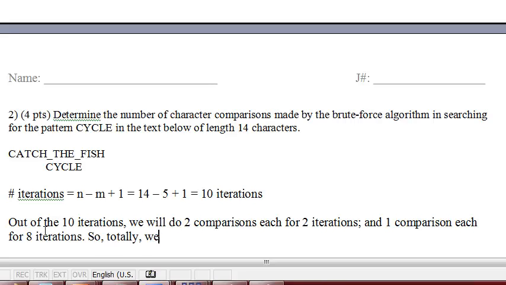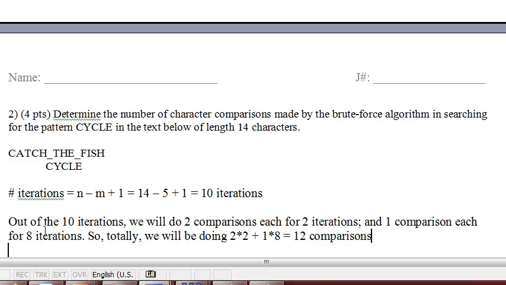So totally we will be doing 2 times 2 plus 1 times 8, which is 12 comparisons. Okay.